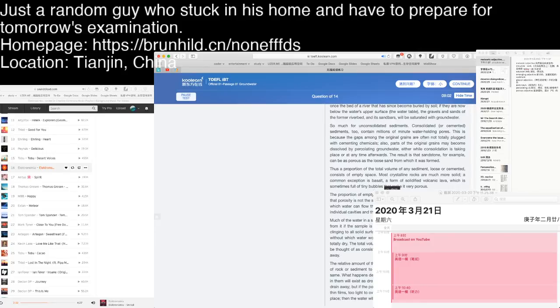Okay, there's always something related to water, which measures the ease with which water can flow through a material. This depends on the size of the individual cavities. And the crevices.